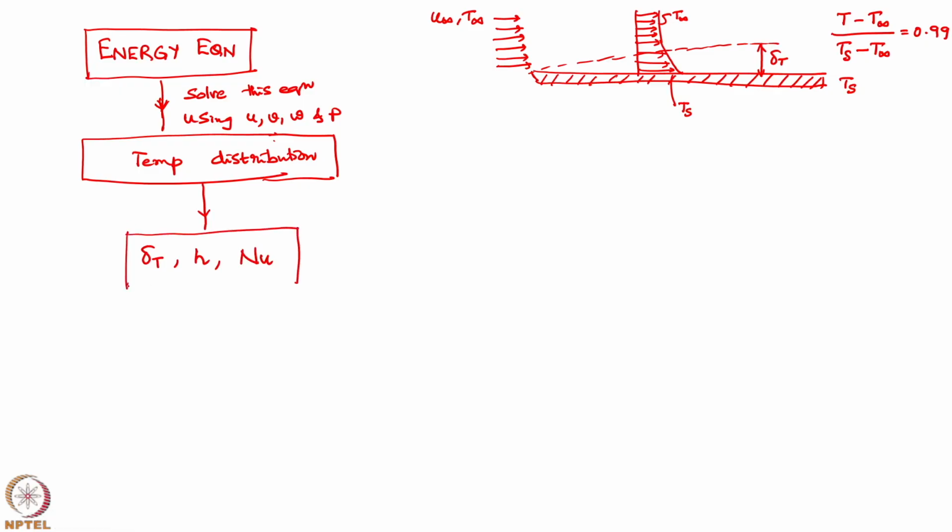So, delta T is the thermal boundary layer thickness, and h is the heat transfer coefficient.